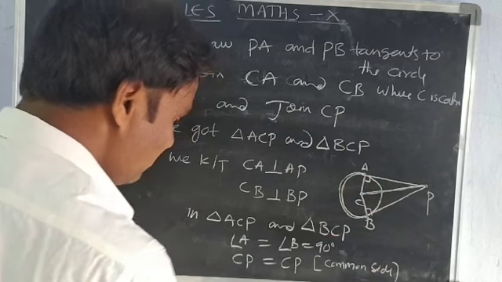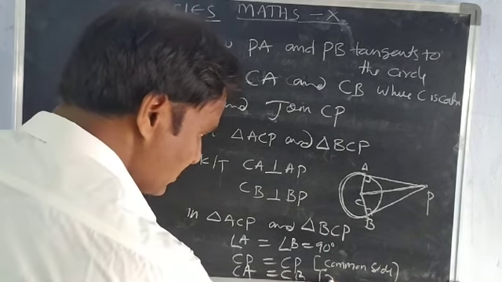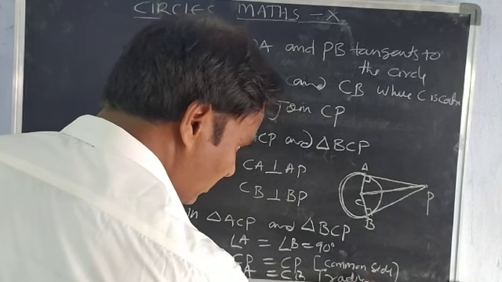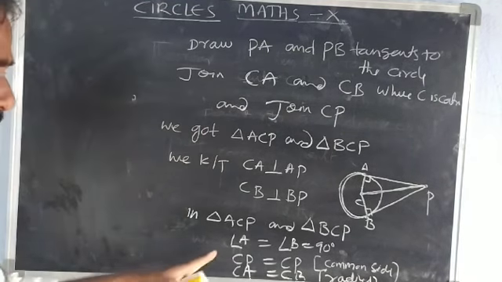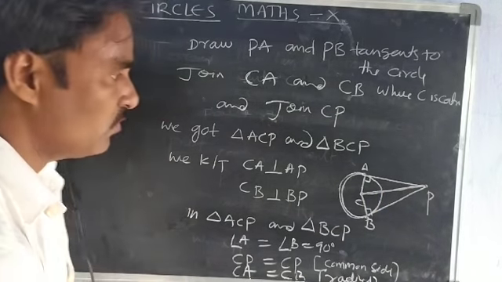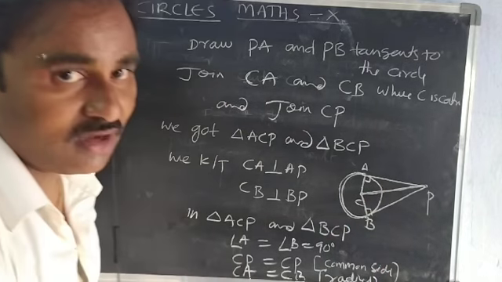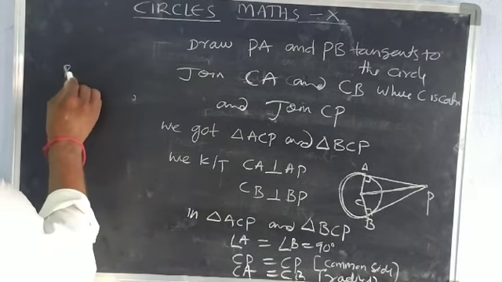Next, CA is equal to CB, because they are radii of the circle. Now one angle 90 degrees, hypotenuse, one side equal. By which property are these two congruent? By RHS.